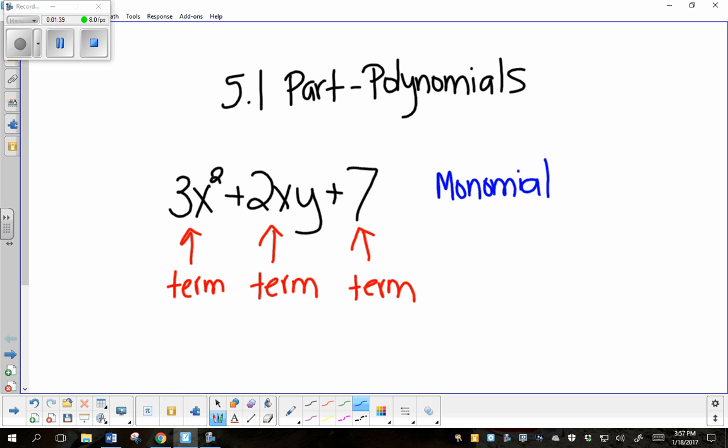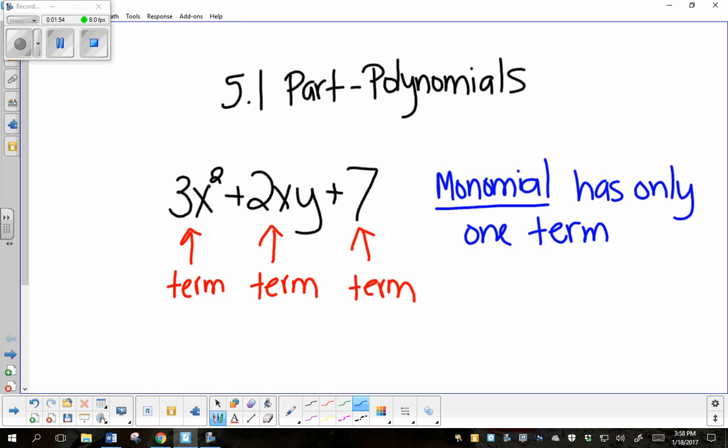A monomial, think of mono, 1. A monomial has only 1 term, and that term has to be a product of constants and variables.